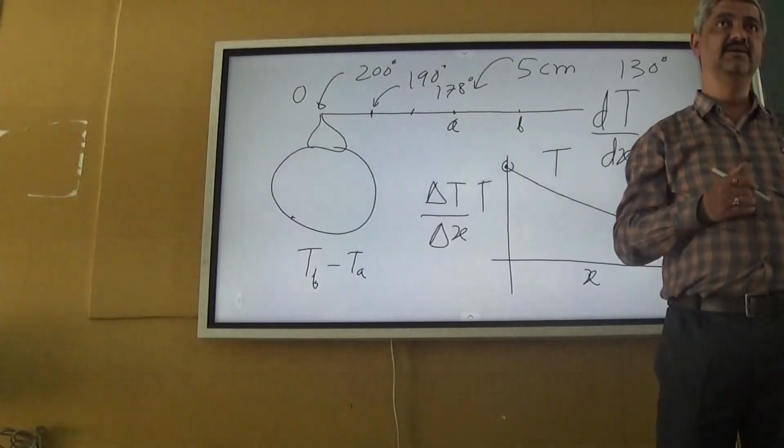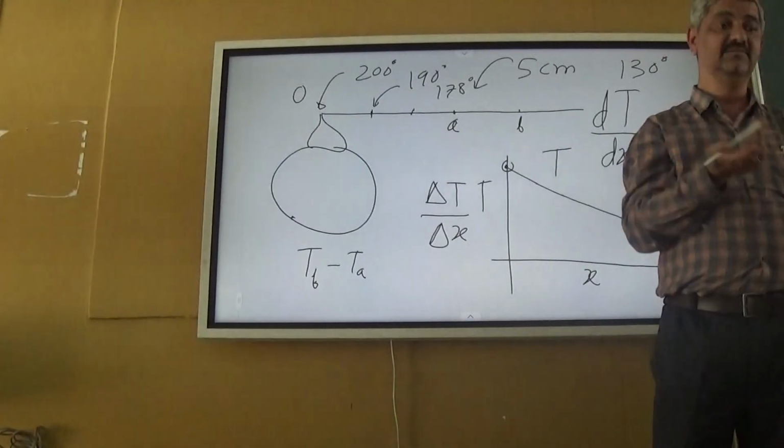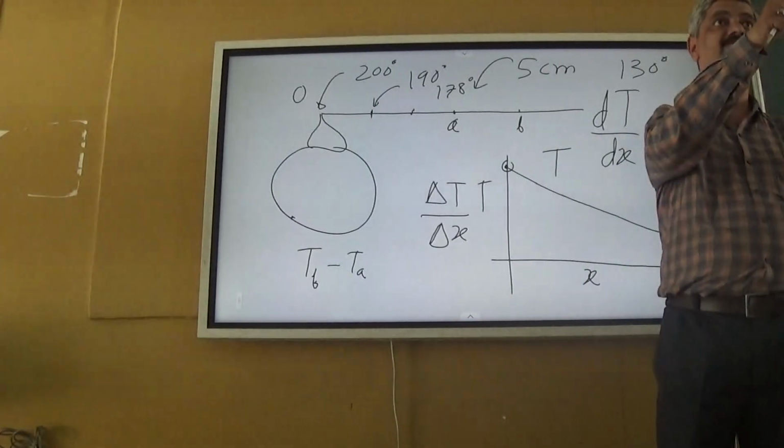What would it be? dT by dx into xB minus xA.